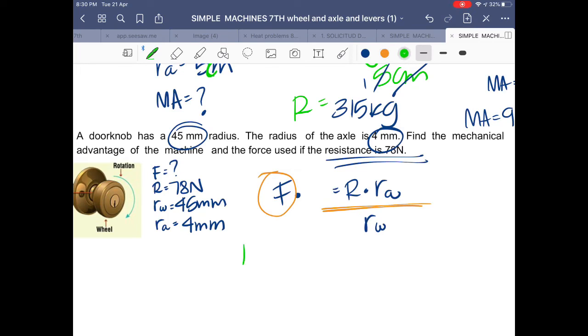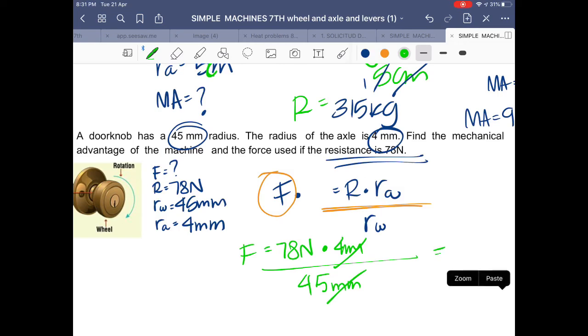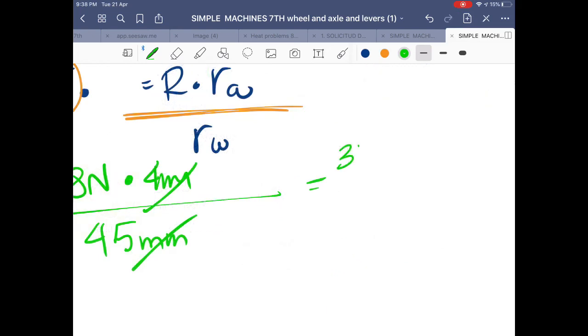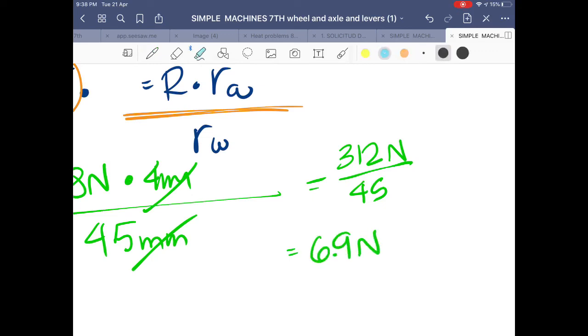So we have force equals 78 newtons times 4 millimeters divided by 45 millimeters. We cancel millimeters with millimeters, and we have 78 times 4. 312 newtons divided by 45 equals 6.9 newtons.